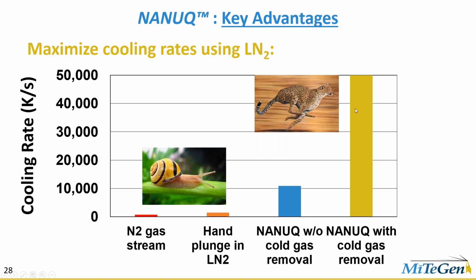This 50,000 Kelvin per second, incidentally, is not that different than what's achieved in cryo-EM plunge coolers using liquid propane or ethane. But here we're just using liquid nitrogen. So it's really, really fantastically optimized cooling using liquid nitrogen.